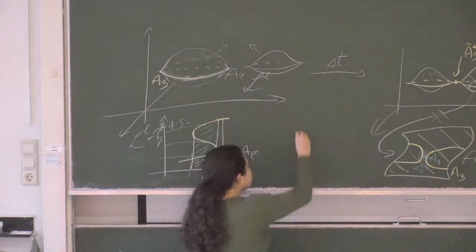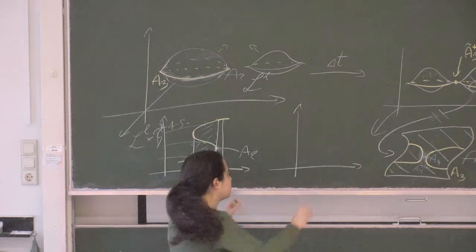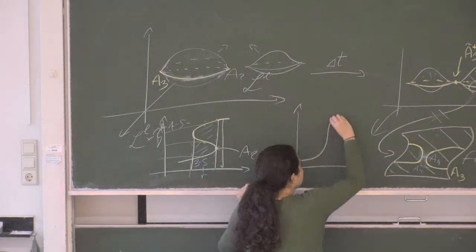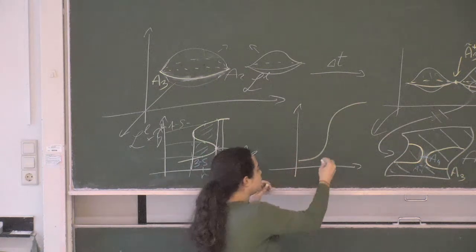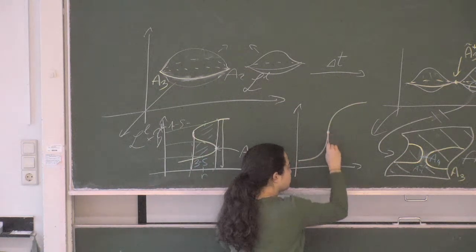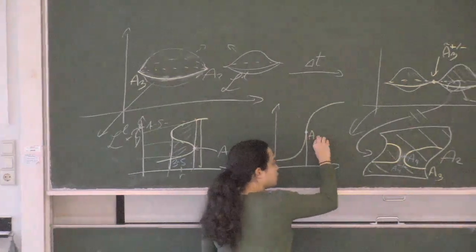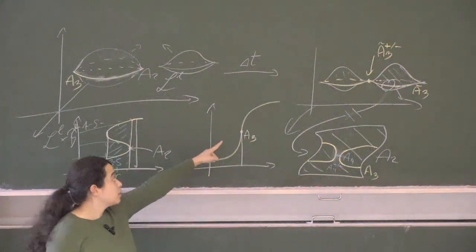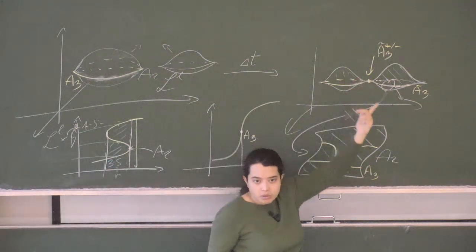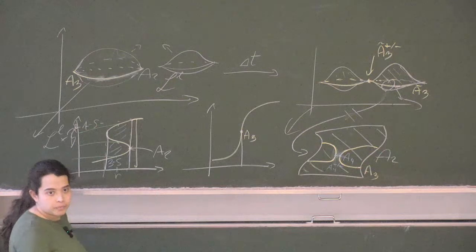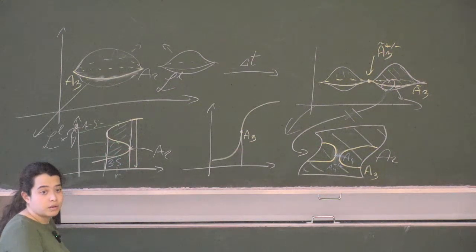The A3 points, or not the A3 points, but the A3 plus points, would be this point. So this would be an A3 point, because here a region like that is created. This would be an A3 plus point probably. And more I cannot draw because this is too low dimensional for that.